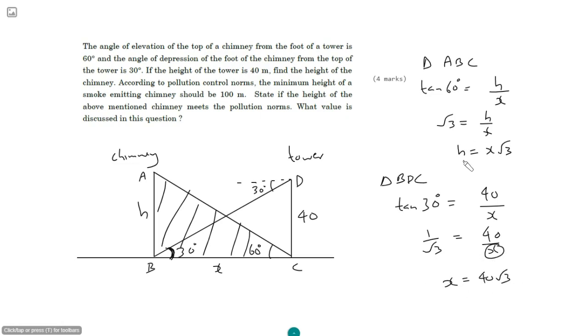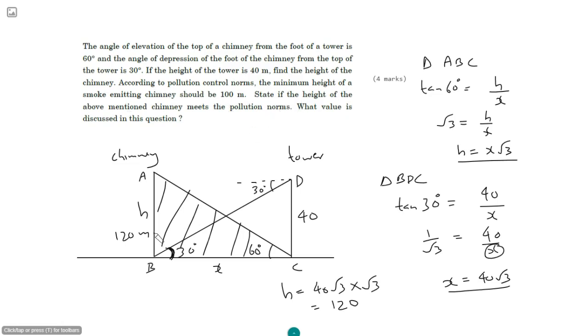Yeah, so if you look at these two equations, you can write h is equal to 40 root 3 into root 3, because x is 40 root 3. So that's 120. So the height of the chimney is 120 meters, right? According to pollution control norms, the minimum height should be 100 meters.